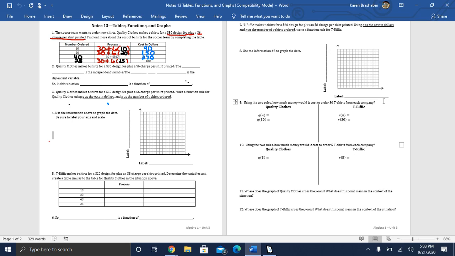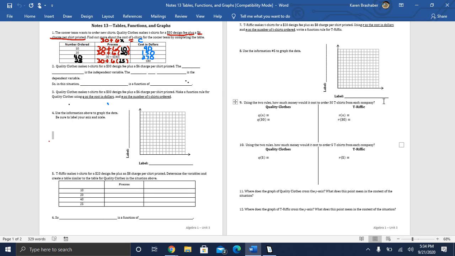Instead of just having an open parentheses, I could be writing this process as 30 plus 6 times, and then what's changing each time is your number of shirts. So I could call that X, and that would equal, I'm going to switch colors, my cost. And so you're seeing that the cost is changing based on the number of t-shirts.